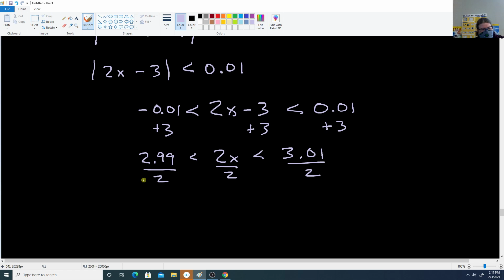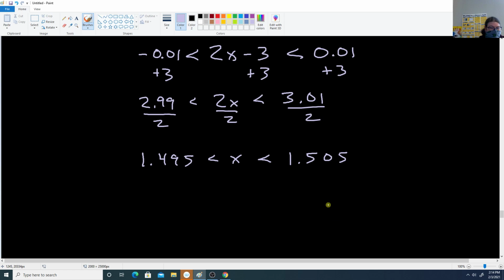Let's see, what is that? 2.99 cut in half. Sorry, negative 2.99 cut in half. No, it's positive. I guess we added 3. 3 plus negative 1 is that. So we get 1.495 is less than x. Then 3.01 cut in half will be 1.505.